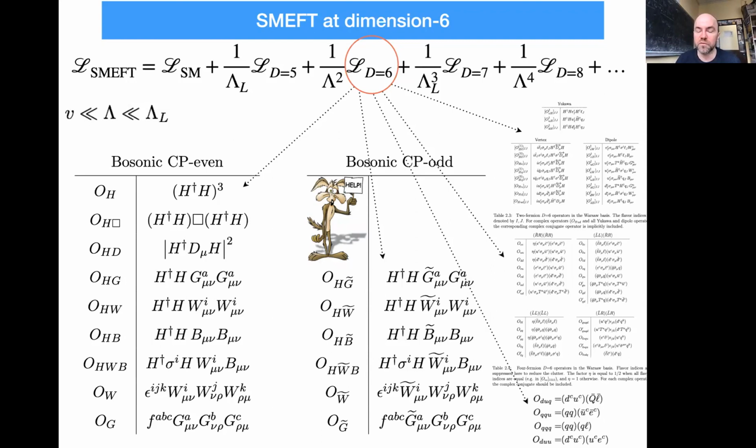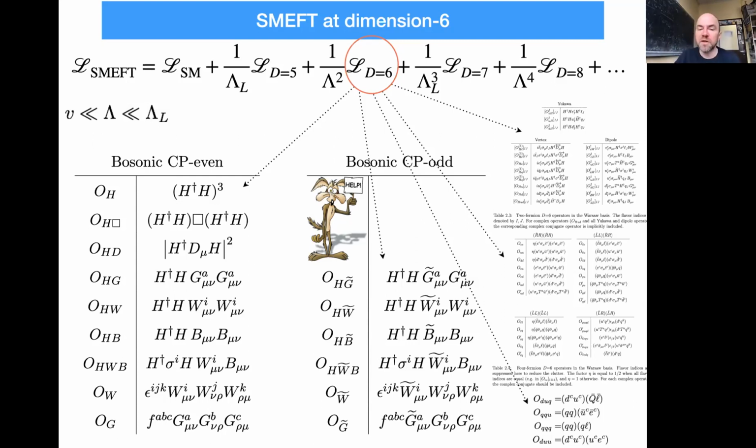If you allow for the non-trivial flavor structure, we have many different operators, and it becomes difficult to actually control where these new physics effects can come from.